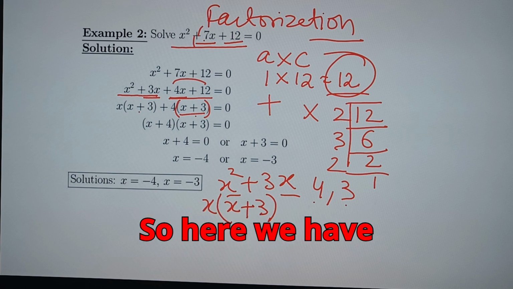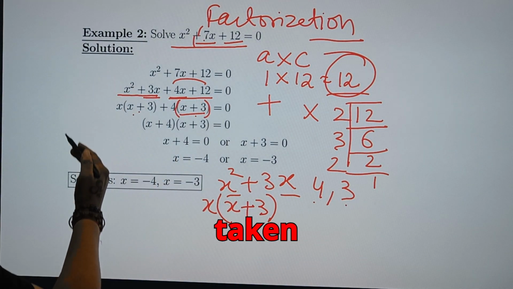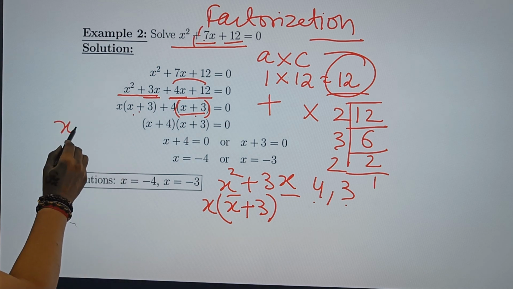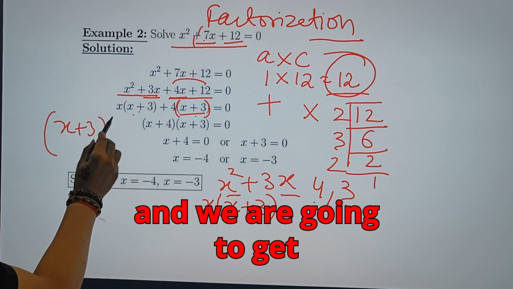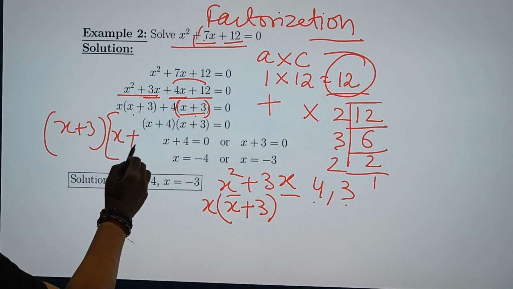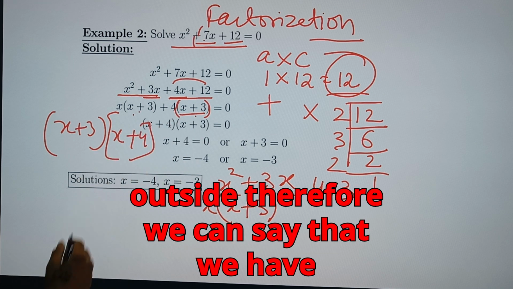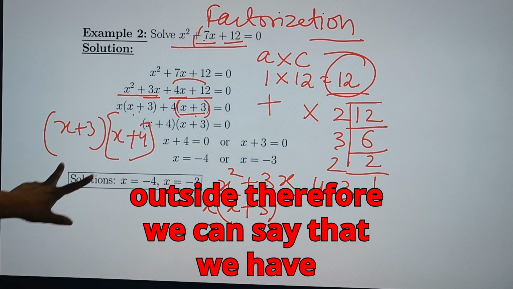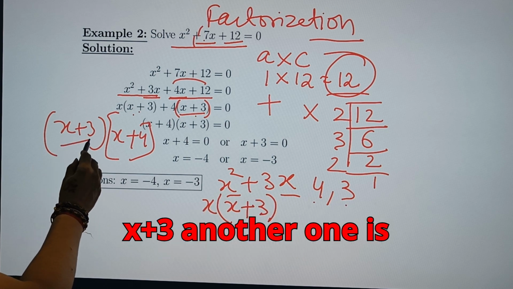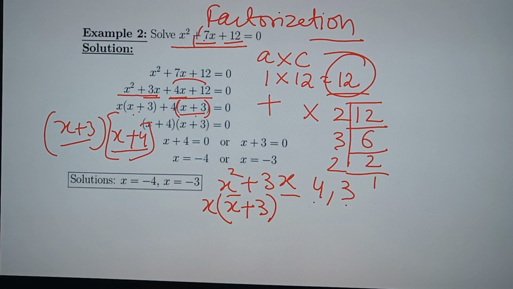So here we have x plus 3 common, and we are going to get x plus 4 here, because we have taken x plus 3 outside. Therefore we can say that we have two different factors. One is x plus 3, another one is x plus 4.